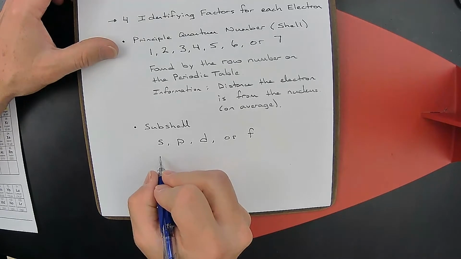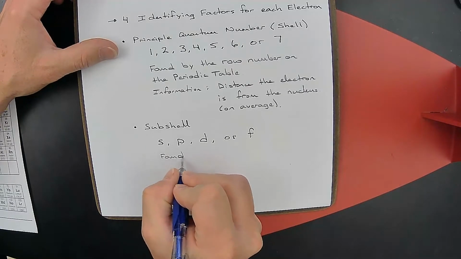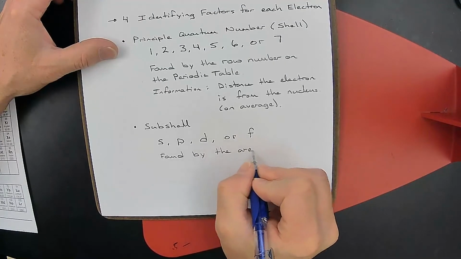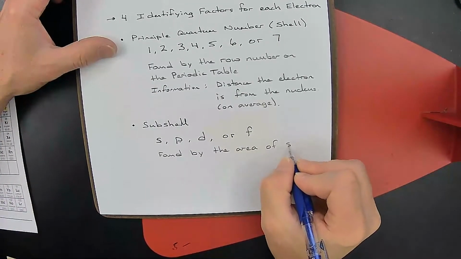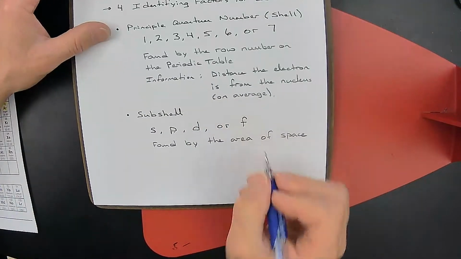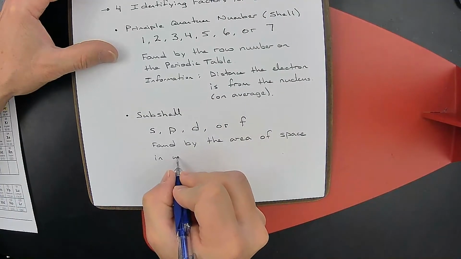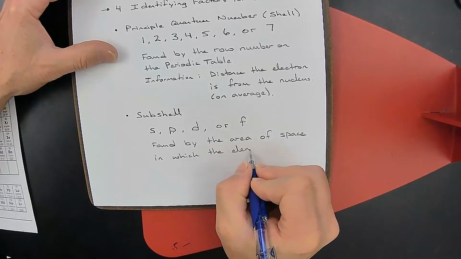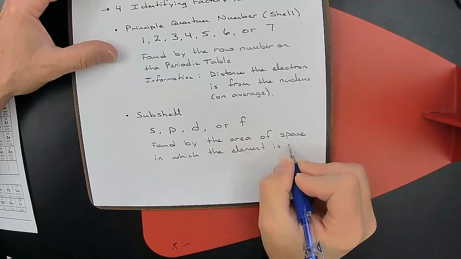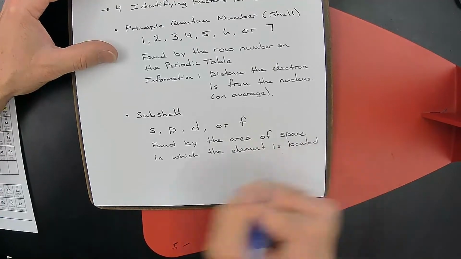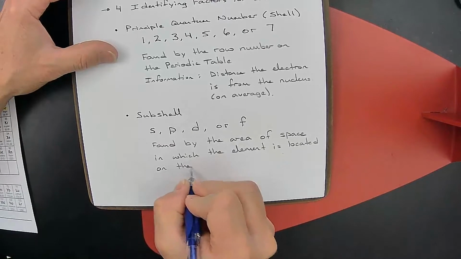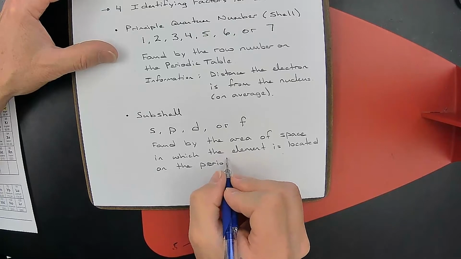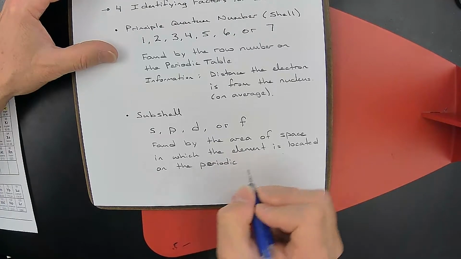This is going to be found by the area of space in which the element is located on the periodic table.